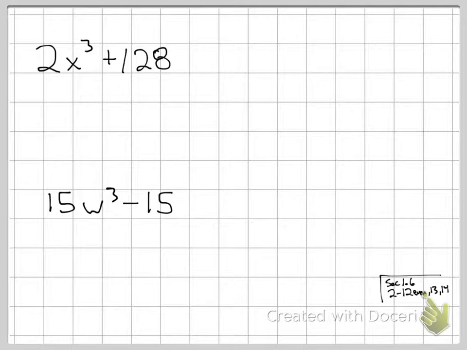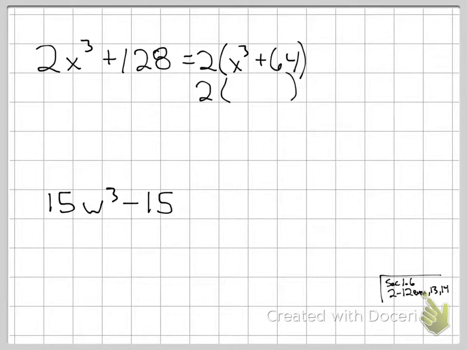What do we need to do? Factor out the 2. Is 64 a good number for this? Yes, it is, because it is 4 cubed. So, what's my first term when I factor that? X plus 4, okay?